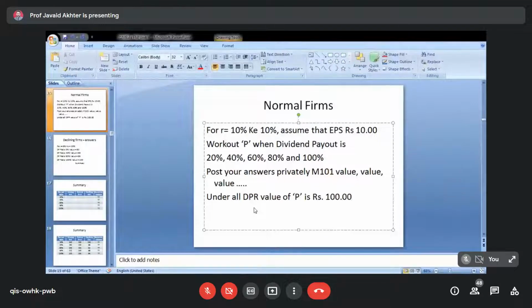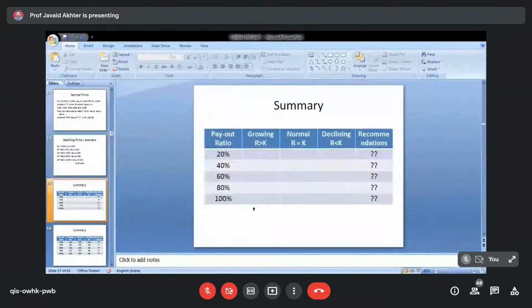What you do next, just make a table in your answer book like this, with 5 columns and 5 rows.